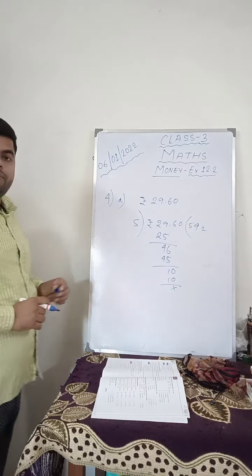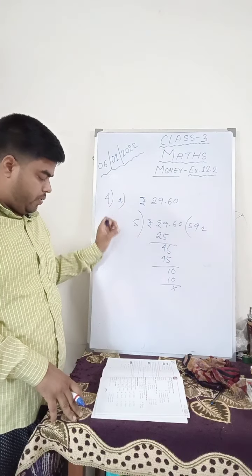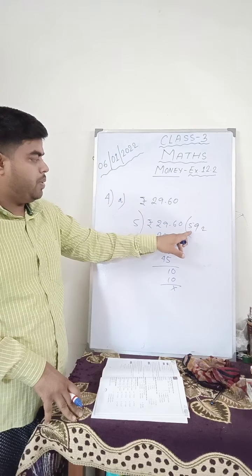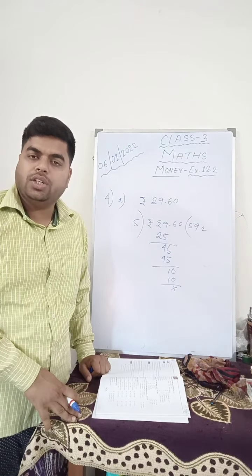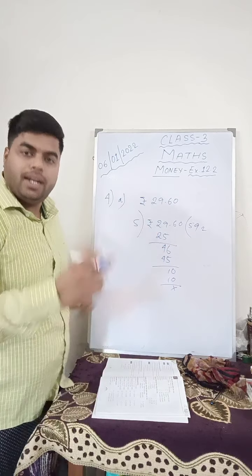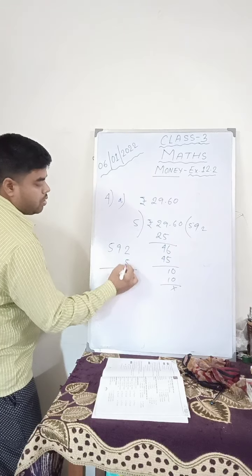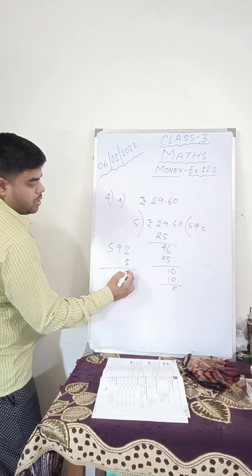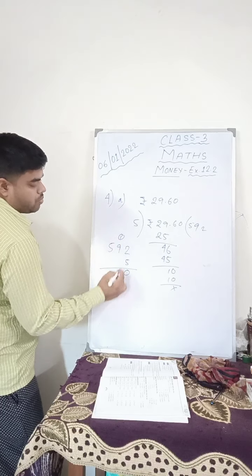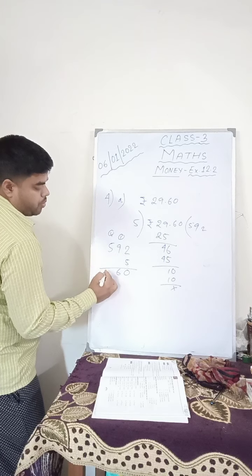Now you see, this is only for you to understand. If you multiply 592 by 5, you have to see that this answer comes. Let us check. 592 into 5. So 5 5s are 25, 5 2s are 10, 1 in hand, 5 9s are 45 plus 1 is 46, 4 in hand, 5 5s are 25, 29.